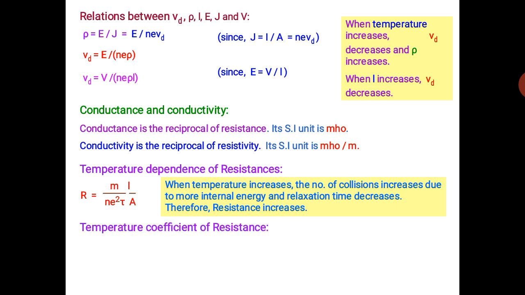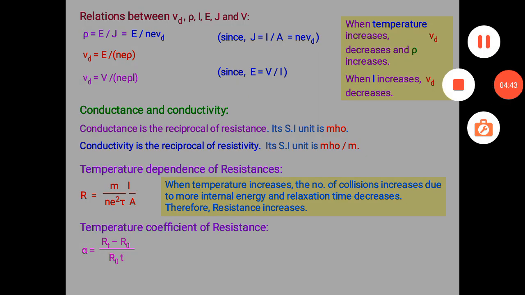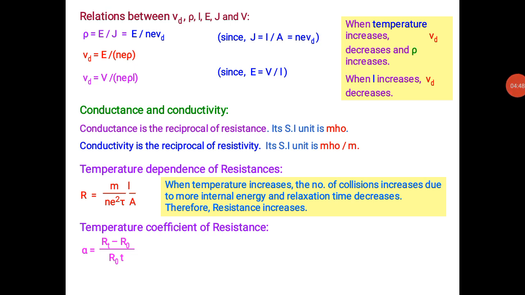So, next term is temperature coefficient of resistance. What does temperature coefficient of resistance mean? Fractional change in resistance per degree centigrade is the temperature coefficient of resistance. That is, change in resistance upon original resistance per degree centigrade or per unit temperature.